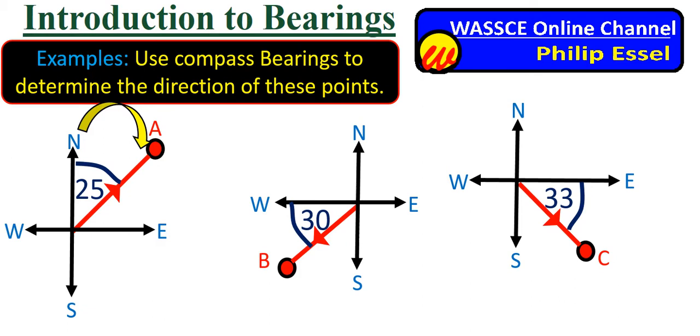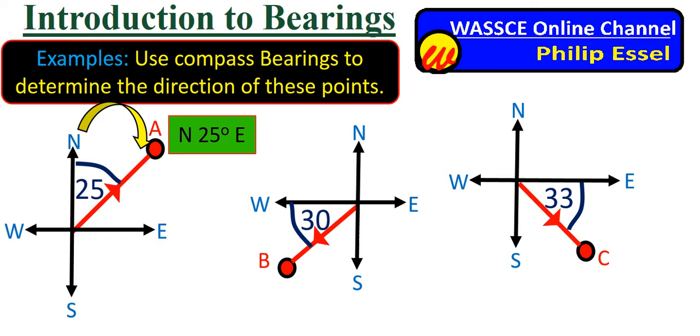So A is at the position north 25 degrees east. That is the compass bearing of the point A.